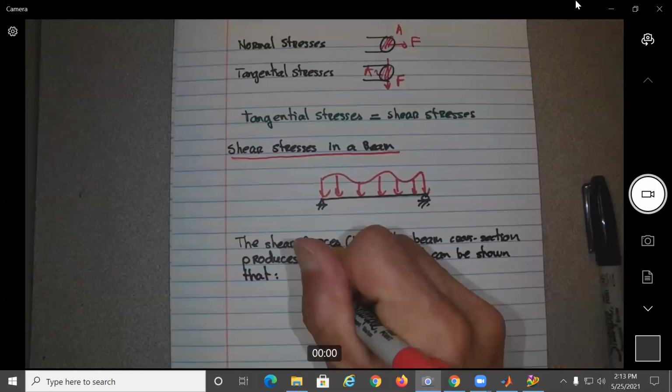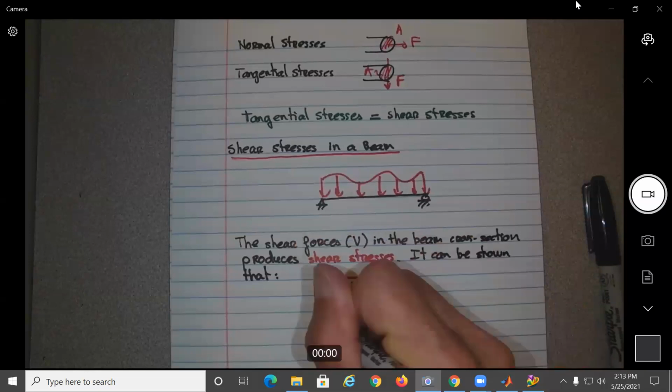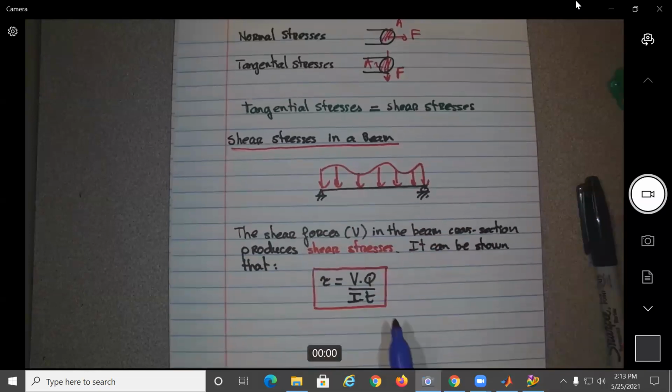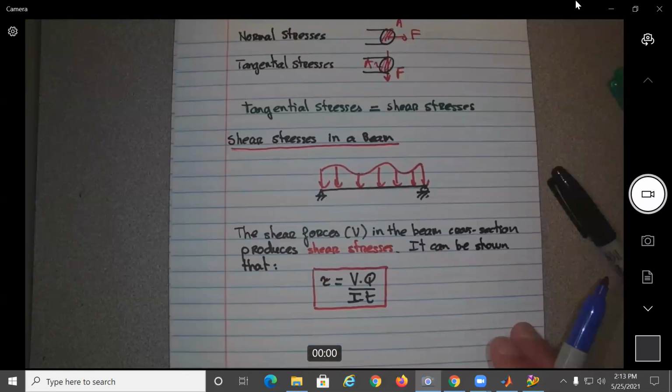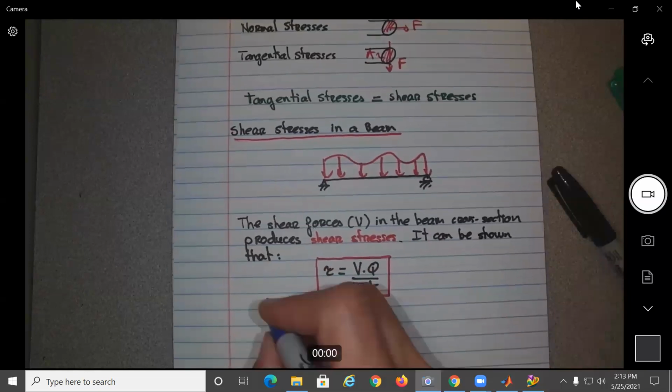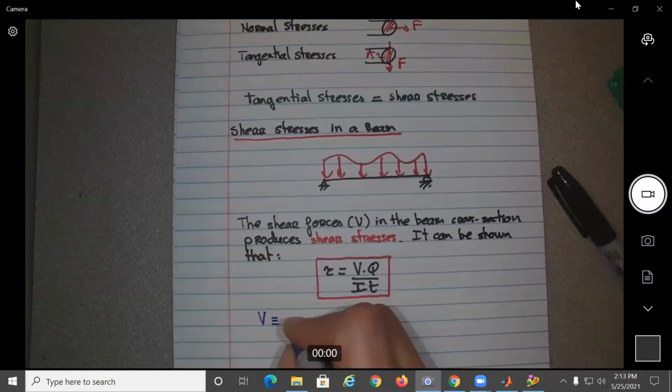Does that equation look familiar? Hopefully it does. The same thing we had for the bending moment, My divided by I. Okay, on this figure we have V is the shear force.